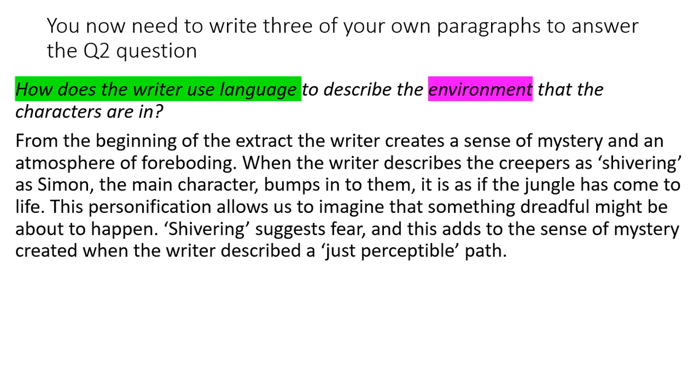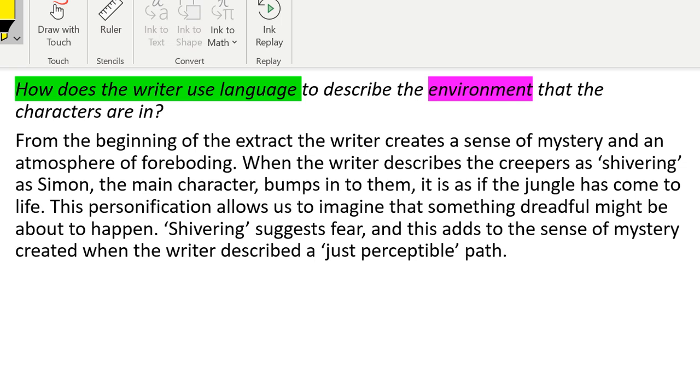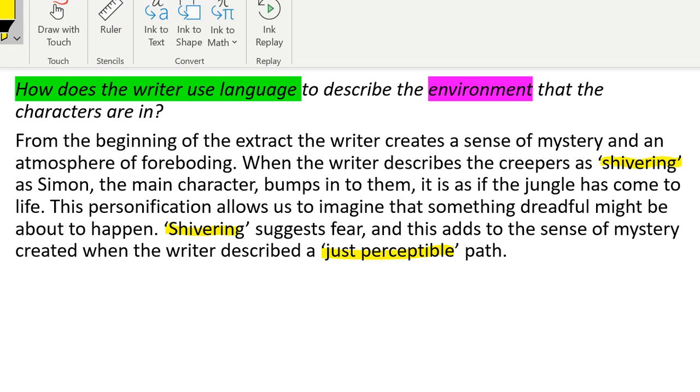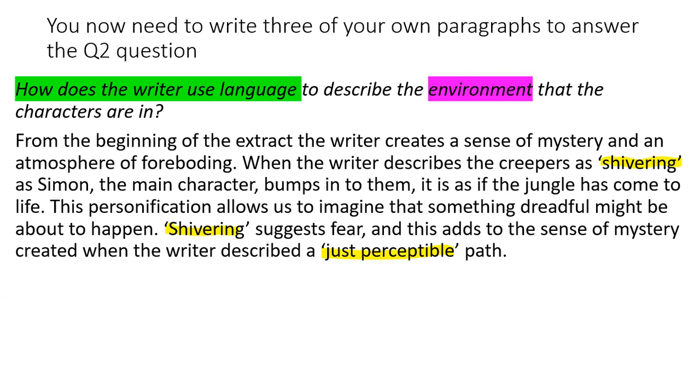Okay, so I have used evidence, right? I have talked about the impact of that evidence, right? This personification allows us to imagine that something dreadful might be about to happen. This adds to the sense of mystery. I've said how it does that, because shivering suggests fear.